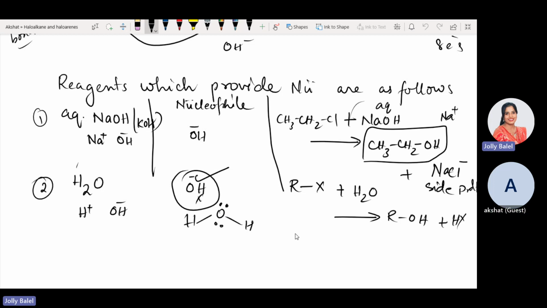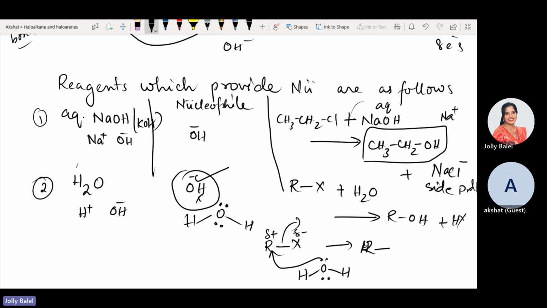Let me explain the mechanism. R has a partial positive charge and X has a partial negative charge. Water will donate electrons to R, and X will leave.